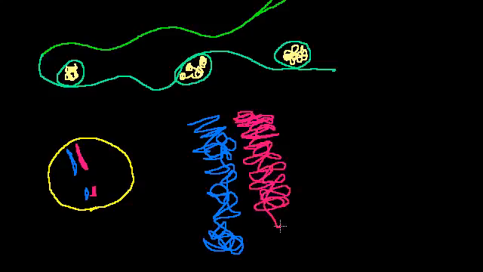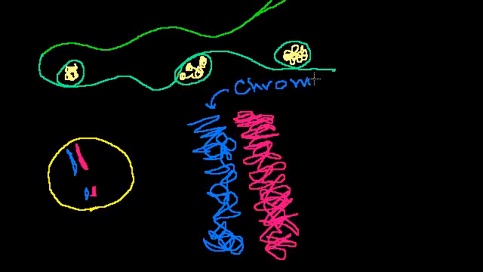So when we talk about this one chain, let's say this one chain of DNA that I got from my dad in this structure, we refer to that as a chromosome. Chromosome. Now, I want to be clear here, DNA only takes this shape at certain stages of its life.